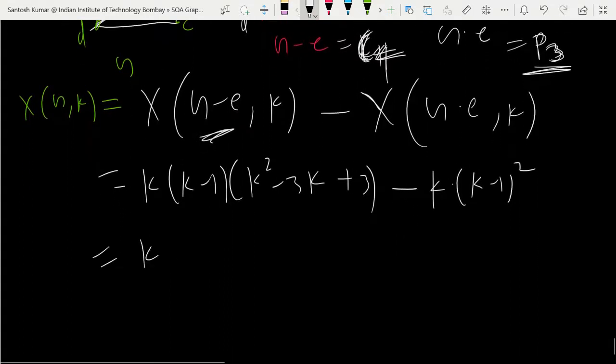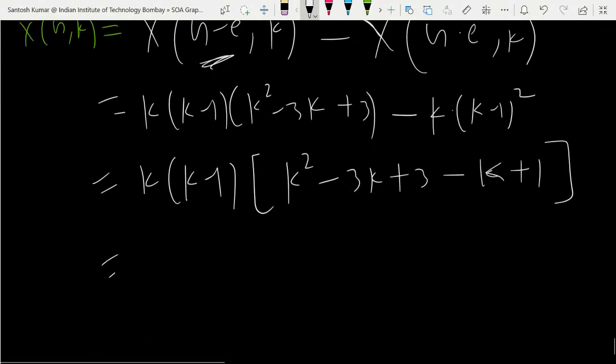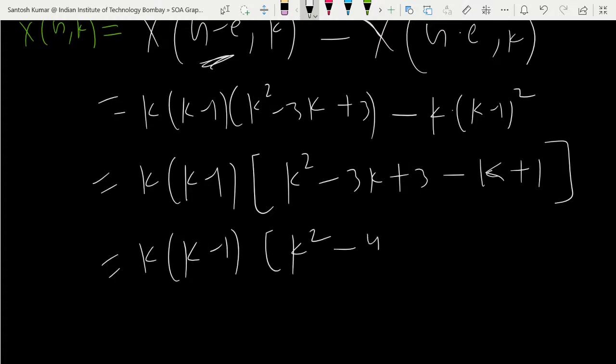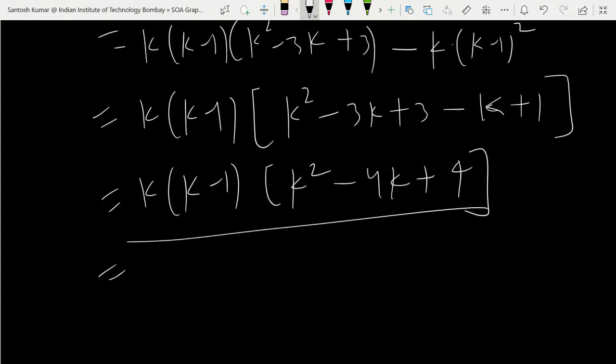So you take k into k minus 1 common and you are left with k square minus 3k plus 3 minus k plus 1. So k into k minus 1 and k square minus 4k plus 4. You can also write it as k into k minus 1 and k minus 2 whole square.